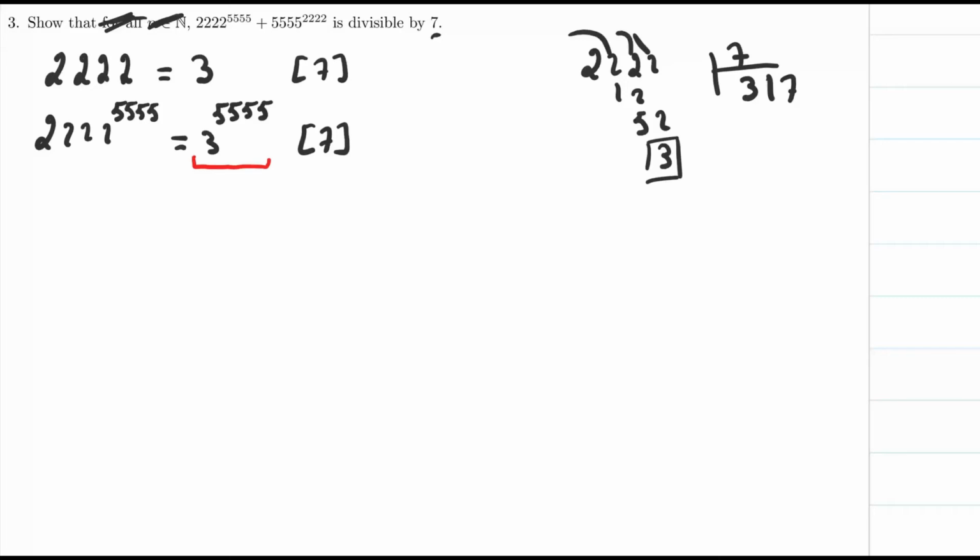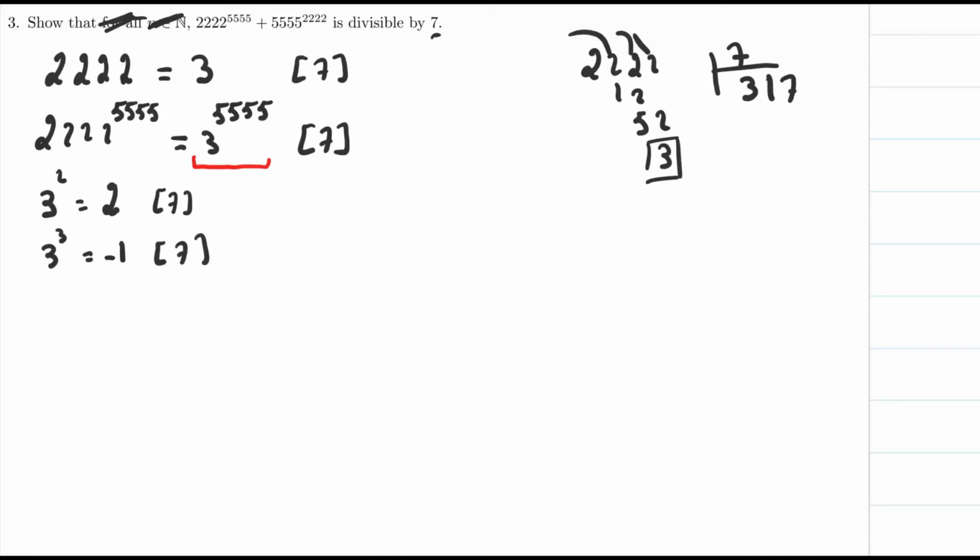So I compute it. 3 to the power 1 is 3. 3 squared is 9, which is 2 modulo 7. 3 to the power 3. So I multiply both sides by 3. Here I have 3 to the power 3, and on the other side I have 3 times 2, which is 6, which is negative 1 modulo 7. Okay, I reach negative 1.